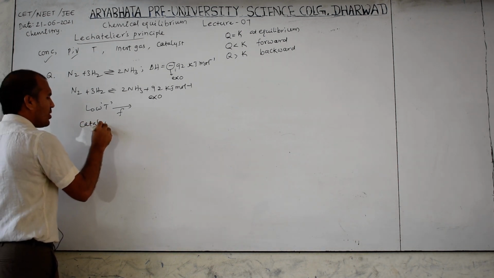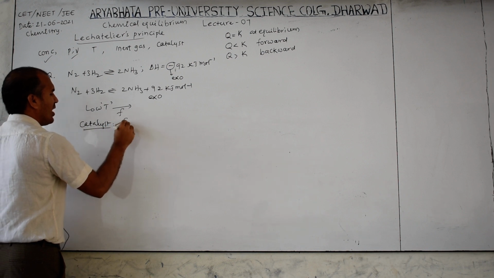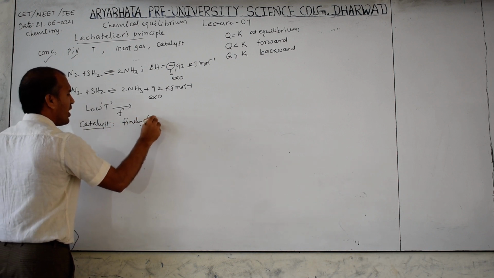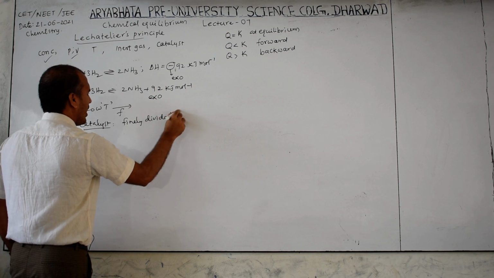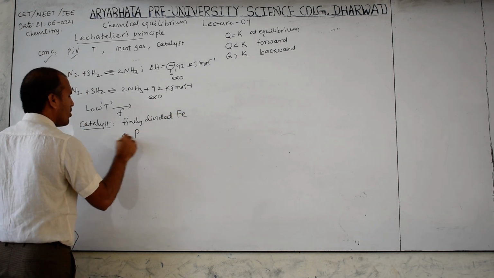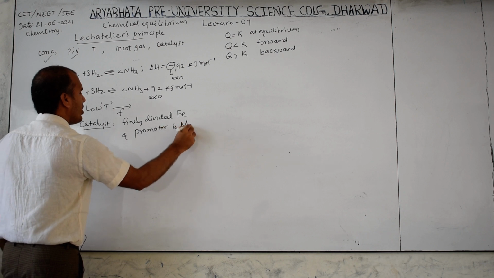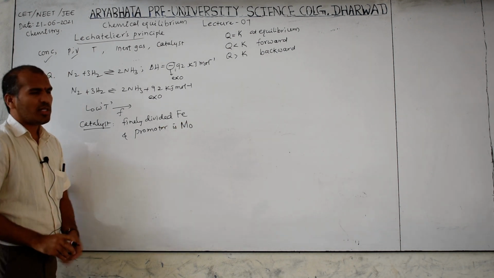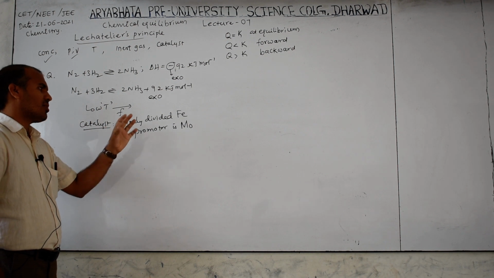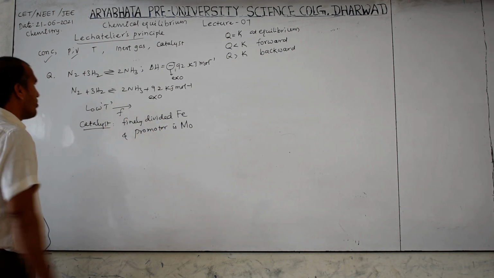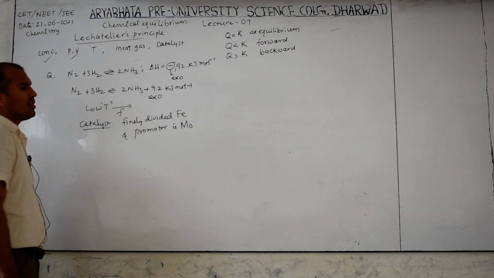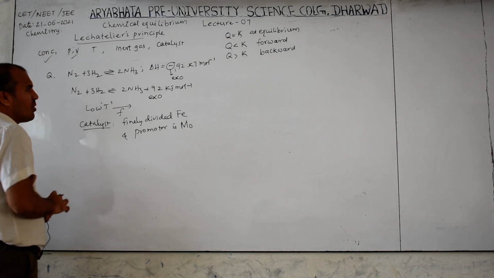What is the catalyst used here? Finely divided iron catalyst, and the promoter is molybdenum. These are also many times asked at CET to JEE and NEET level. These are the catalysts used for preparation of ammonia by the Haber process. Remember, these are very important concepts.